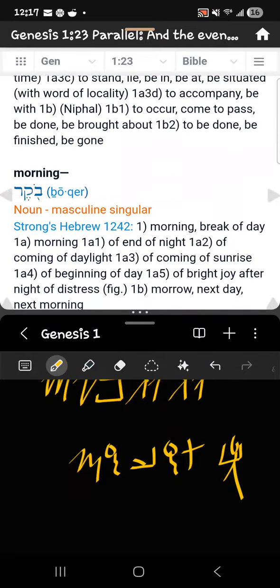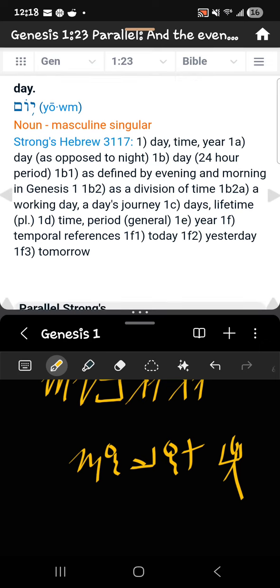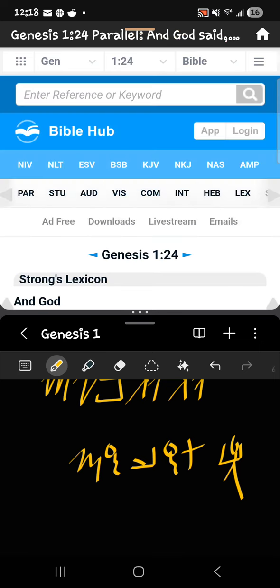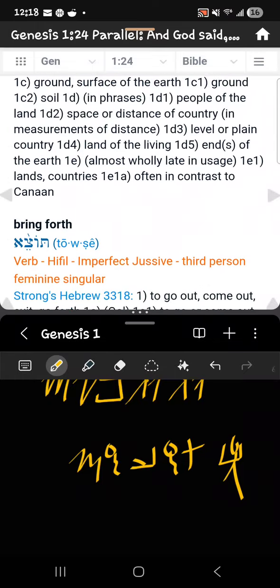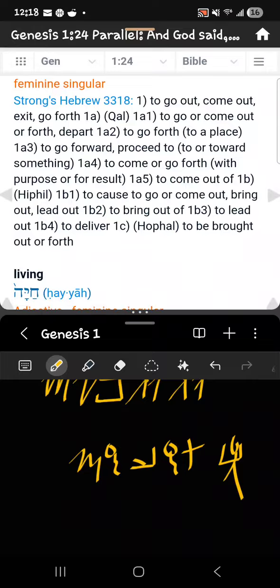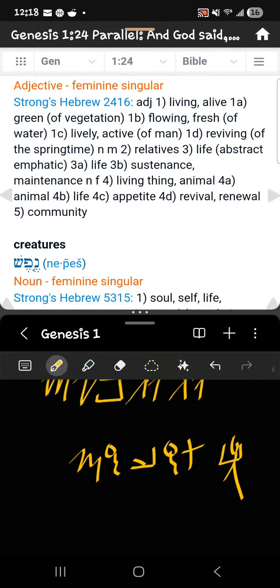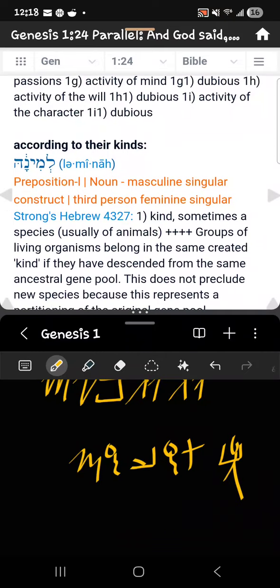And there was evening, and there was morning, the fifth day. Chamash is the word for five. Yom, the fifth day. And Elohim said, let the earth bring out living creatures, NPCs, according to their kinds.